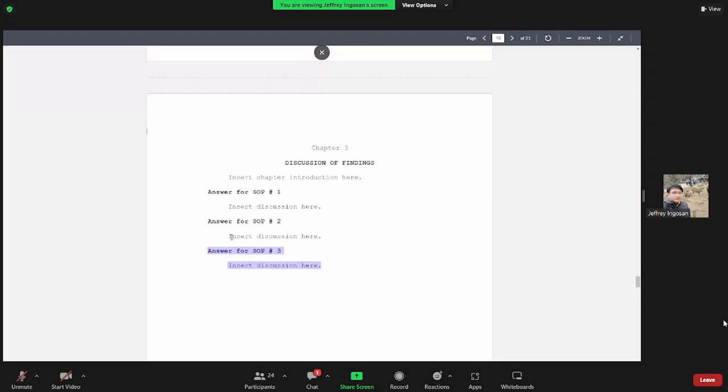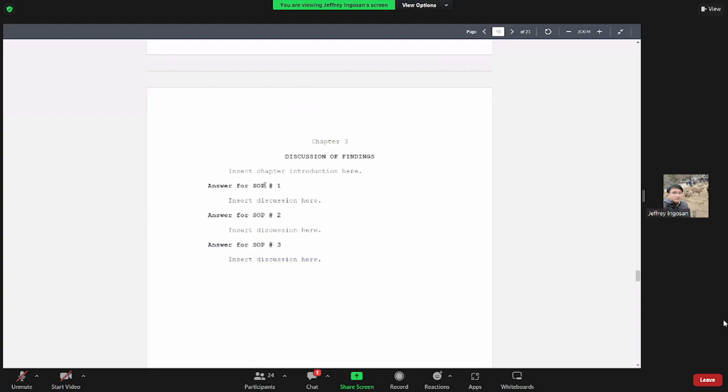So if the first problem is on the requirements, the second problem would be on the features, and the third problem would be on the usability. Then in the introduction, you will simply say that this chapter will focus on the presentation of the findings that are relevant to the requirements to design and develop the proposed system. Similarly with the features of the proposed system and the level of usability of the final developed system.